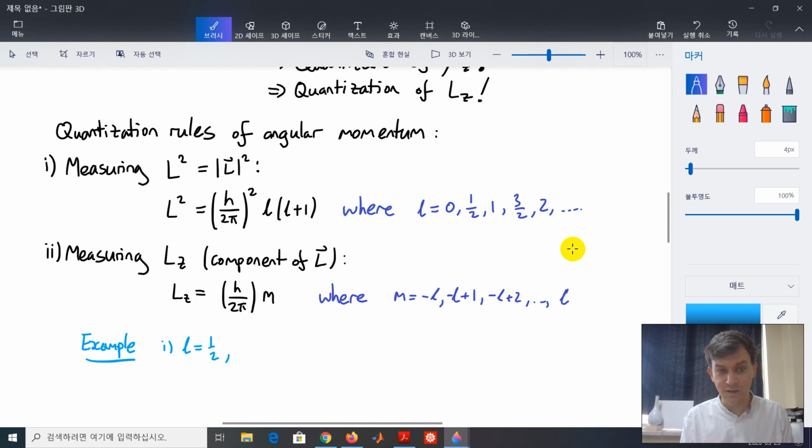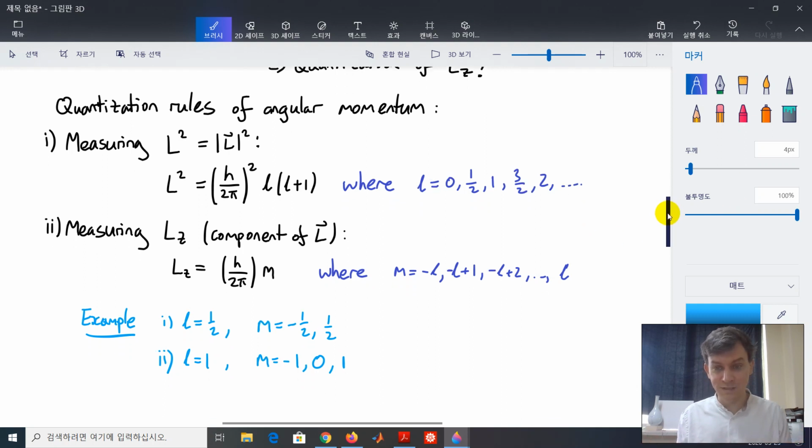If L is a half, then m can be minus L, which is minus a half, or minus L plus 1, which is a half, which is the same as L, and then you stop. As a second example, let's suppose that L was equal to 1. Then m minus L is minus 1. Then you add 1 to that to get 0, add 1 to get 1, and here you get to L, you stop. So those are two examples, and the first one, as I said, is the case of silver.